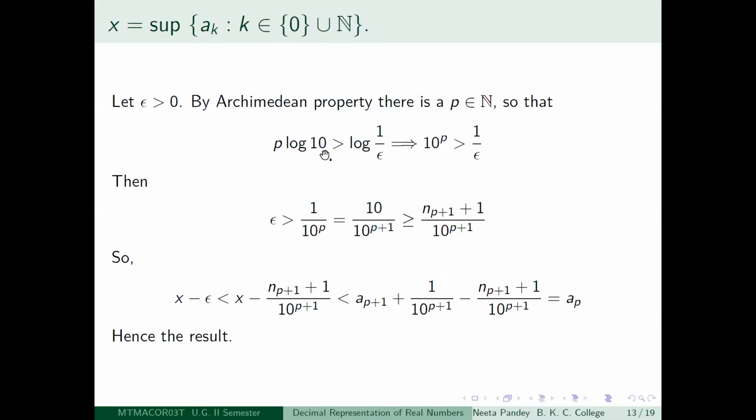So look at log 10. The log function is a monotonically increasing function. We will discuss the properties and the definition of log at a later stage in full detail. In fact, we will have to wait for some time before that.